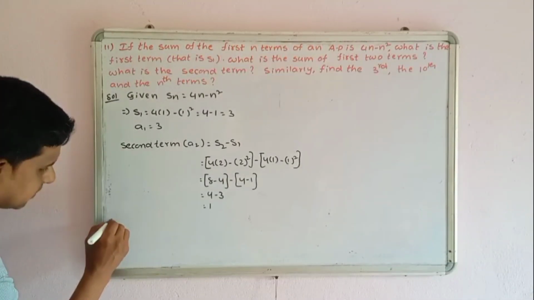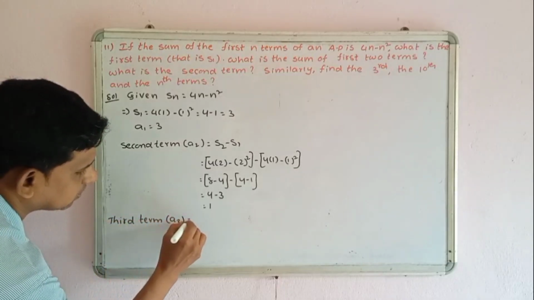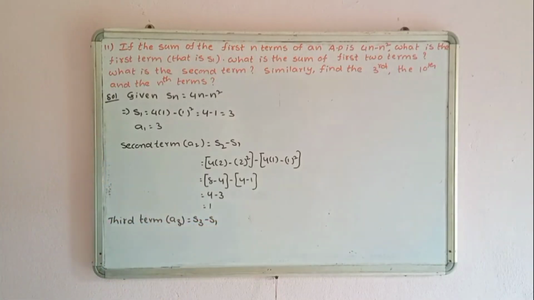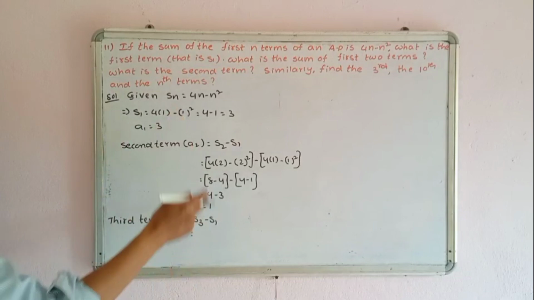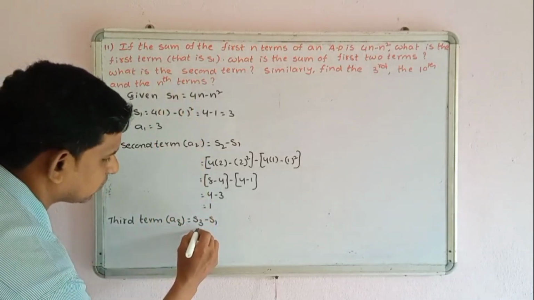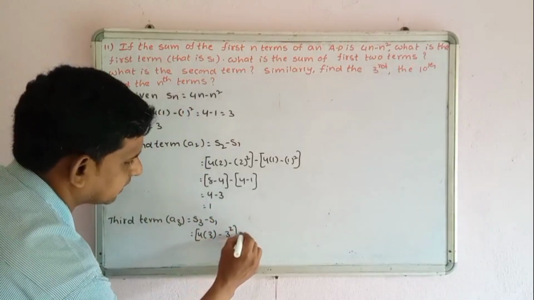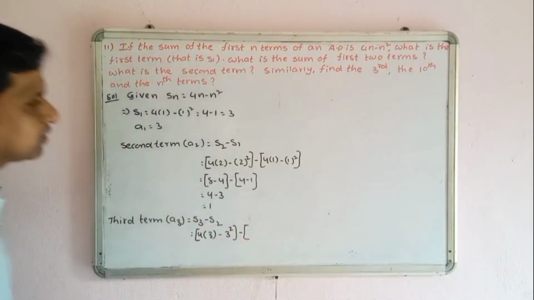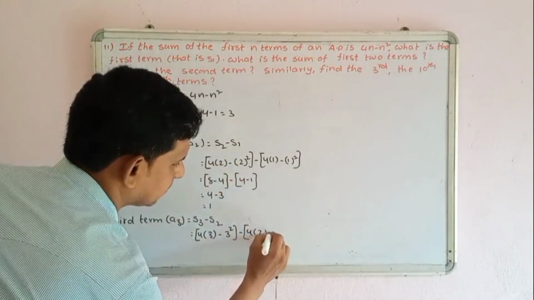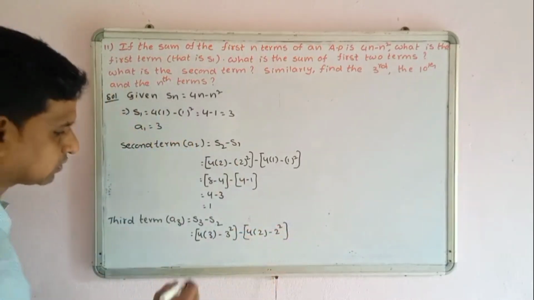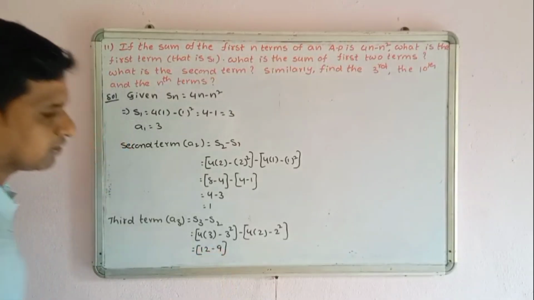See the third term, listen carefully. Third term a3 = S3 − S2. What is the S3 value? Put n = 3 in Sn. So 4 × 3 − 3², minus S2, where S2 is 4 × 2 − 2². 4 threes are 12, minus 3 square, which is 9.